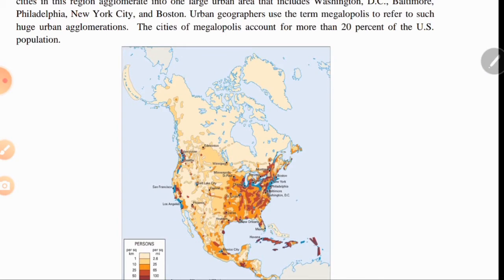Urban geographers use the term megalopolis to refer to such huge urban agglomerations. And the cities of megalopolis account for more than 20% of the U.S. population.